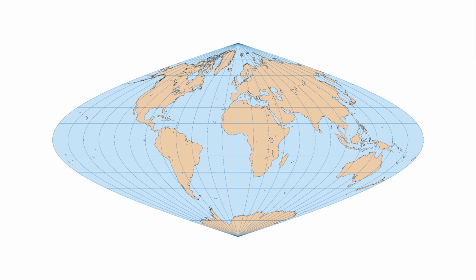But what it gets wrong, what it's distorting, is definitely the shape, but also the direction. So it gets right the size, and it also gets right that whole North Pole, South Pole thing, but it really distorts the shape, especially the farther you get from the prime meridian and the equator. And so here, the distortion is less in the middle of the map, but as you get farther away, I should say, it gets more distorted.